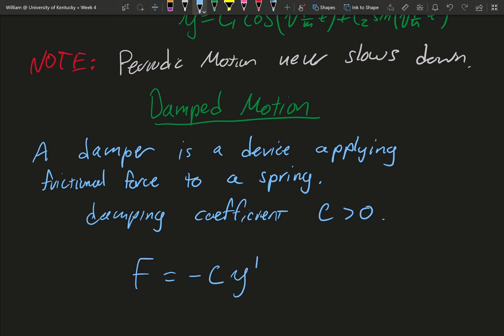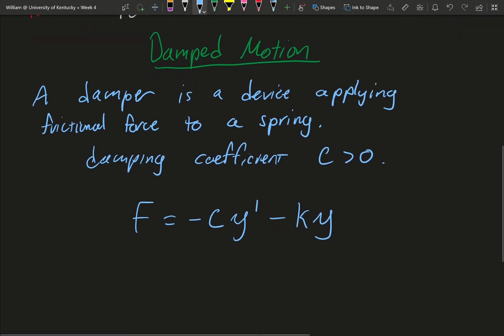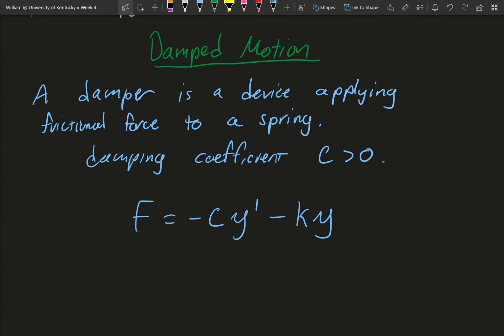It's a frictional force, and the amount of force it exerts is directly proportional to our current velocity.